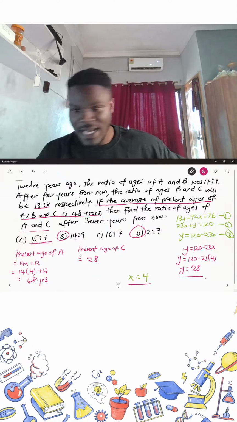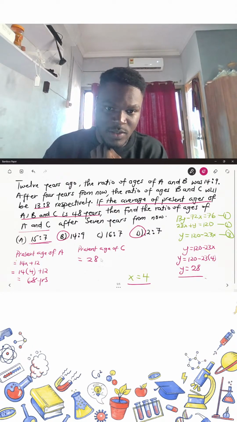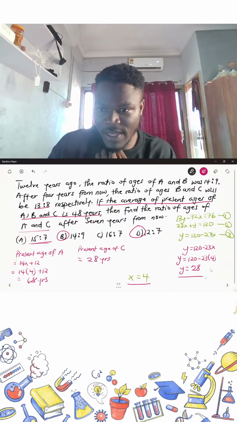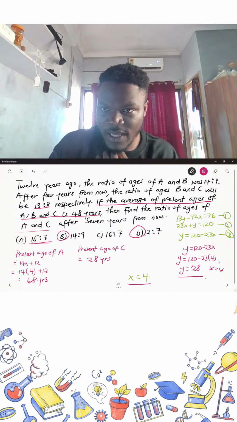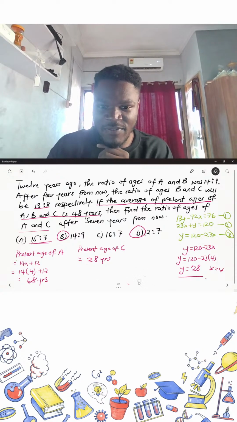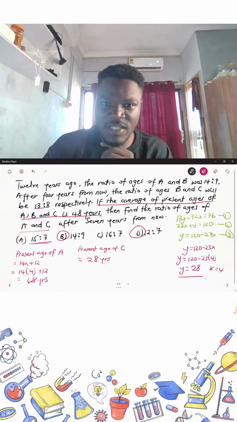Are we okay? So these are the two current ages of both of them. Okay, so let me write x is equal to 4 here, and then I clean this side. So now that I have their present ages, let's proceed.